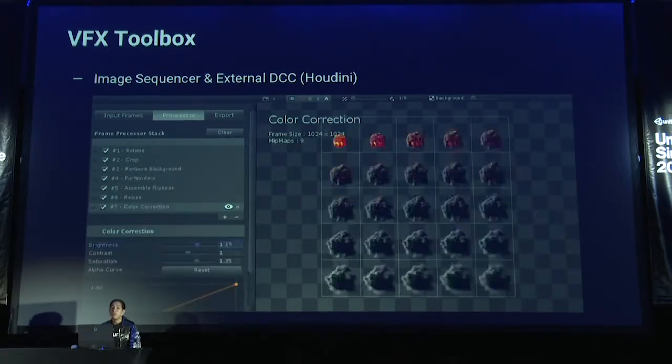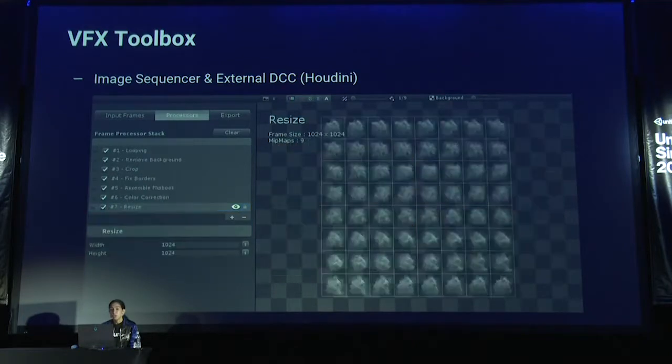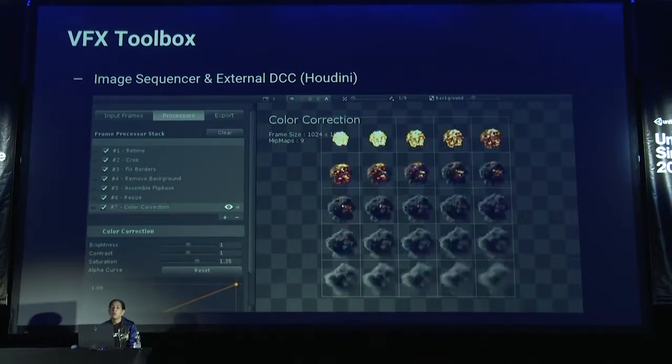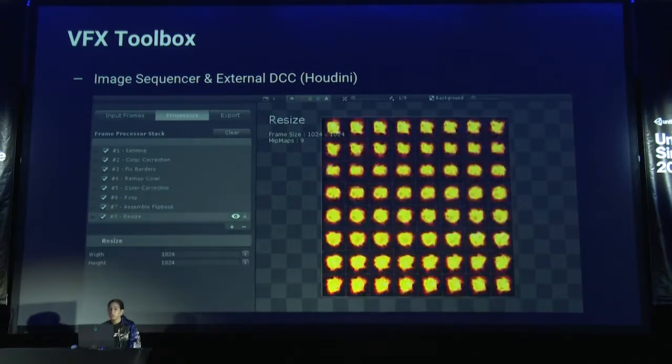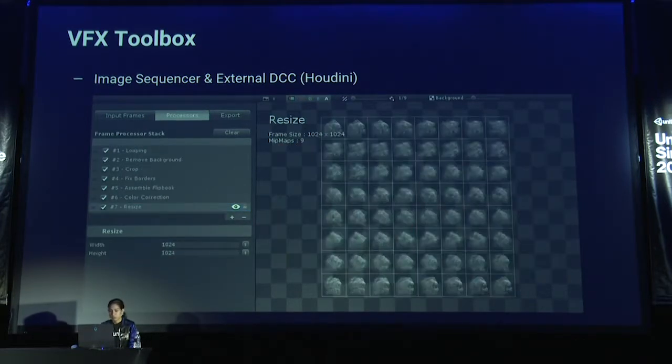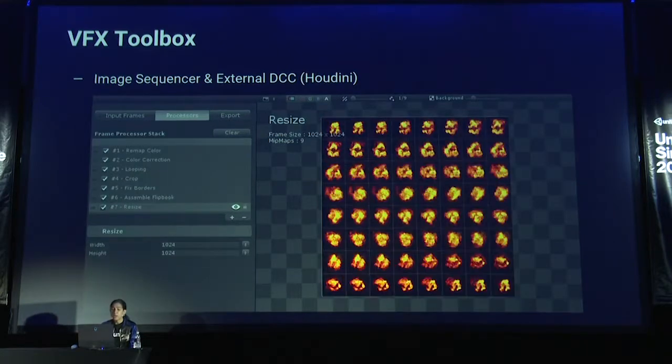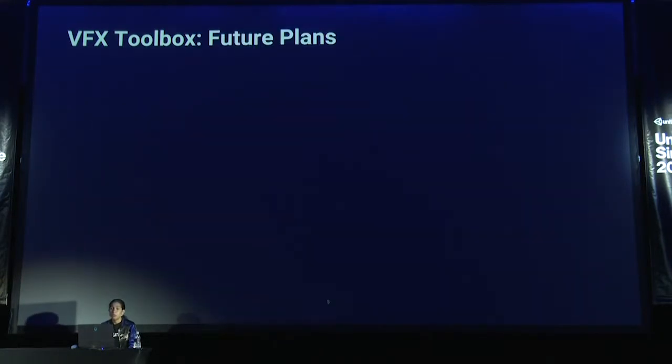This includes plugins for Houdini, so that you can export your effect data from Houdini and bring it right into Unity for your visual effect graphs. Right now, the VFX Toolbox is available through GitHub, but it will soon be available as a Unity package, and you can get it through the package manager.